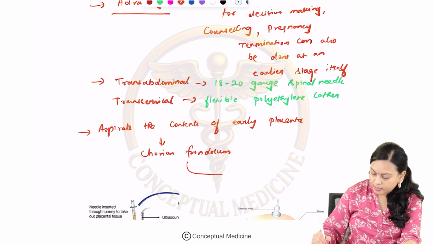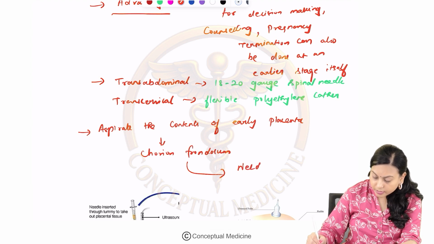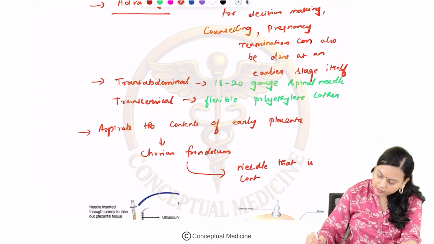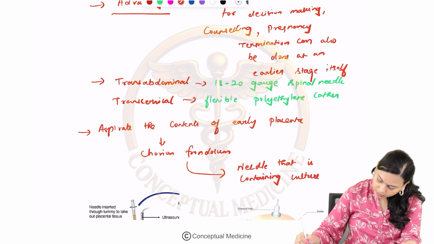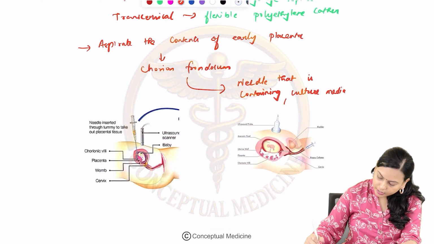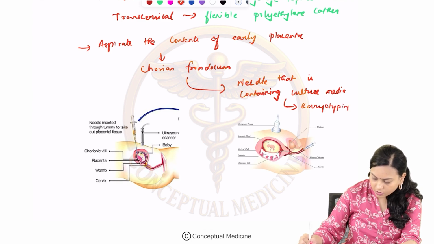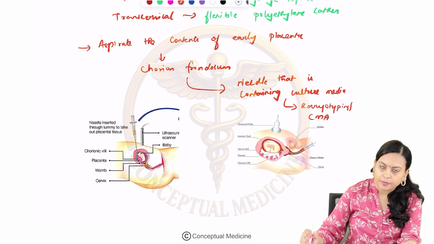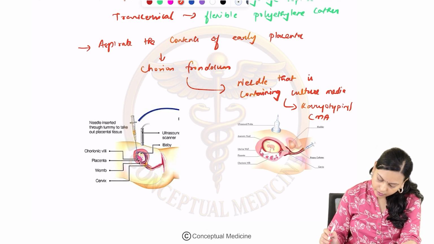And this is going to be aspirated into a needle that is containing culture media. And then it will be sent for karyotyping or CMA, chromosomal microarray.